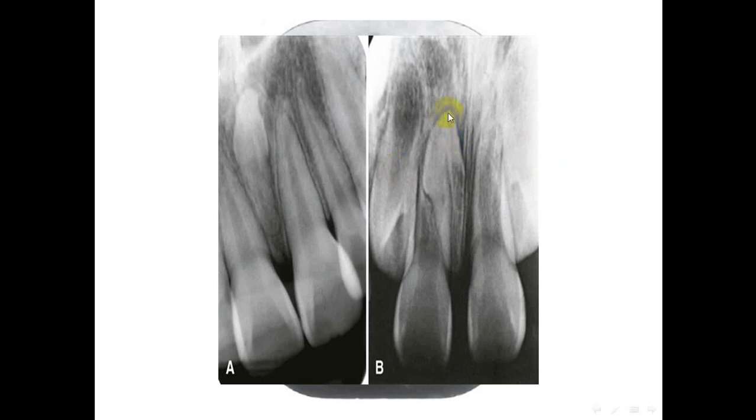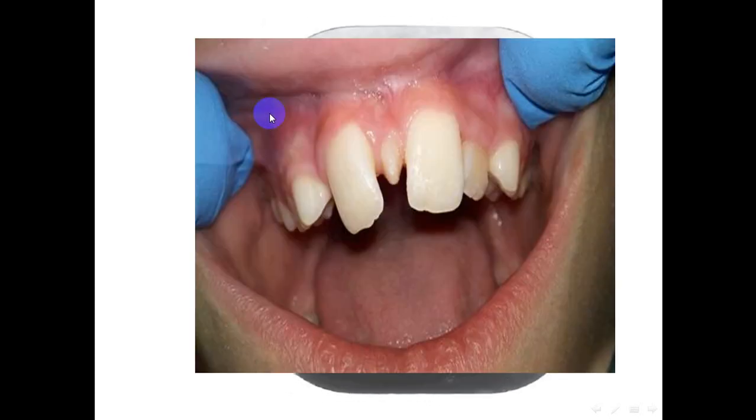Some mesiodens are located as an inverted seated tooth, which means that the crown is apical and the root is coronal. All that is called the mesiodens.